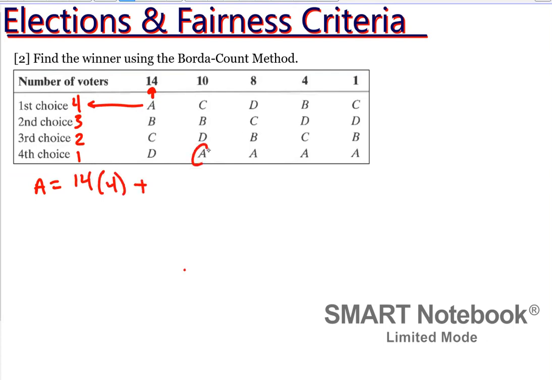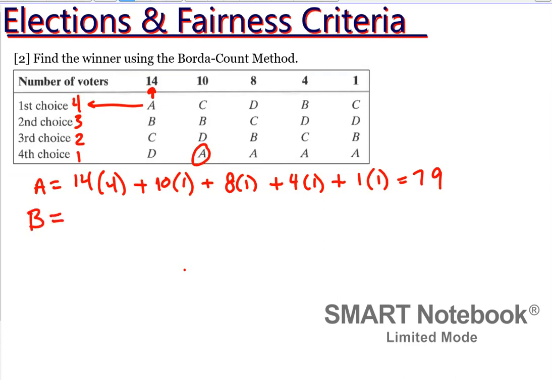Add to that, here A has 10 times 1 vote, or 1 point per vote. And then in the next column, it's 8 times 1 point per vote, then 4 times 1 point per vote, then 1 times 1. So we see that A has 79 points. So the Borda count method is a point system, and we will continue to work this out for each voter.